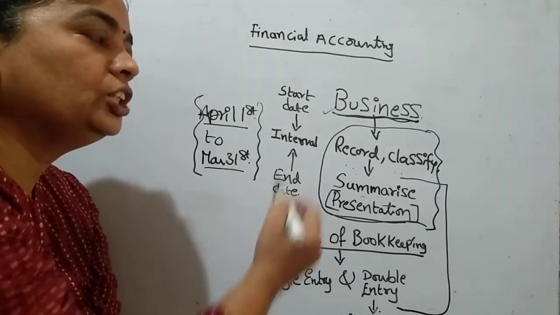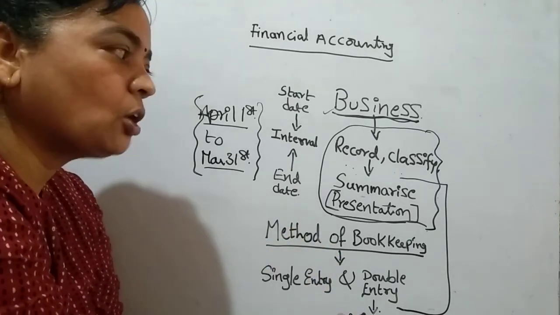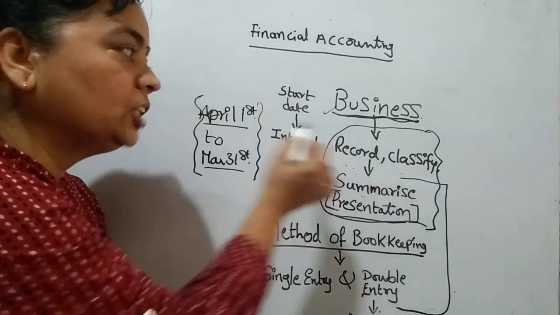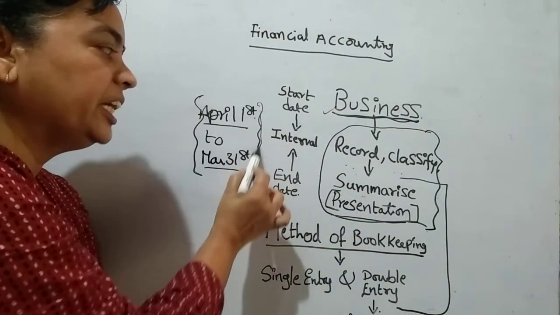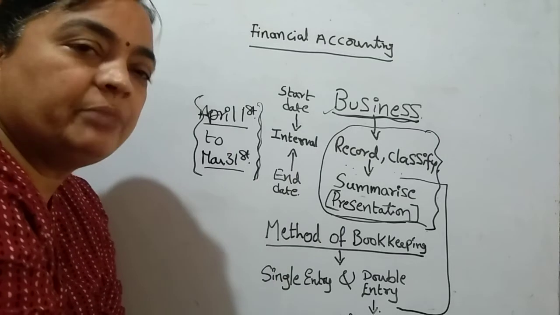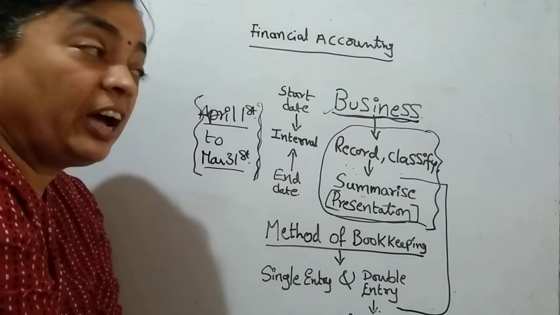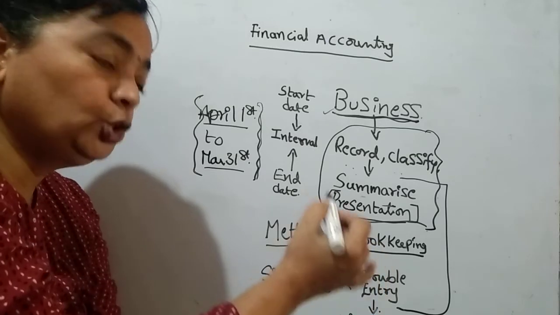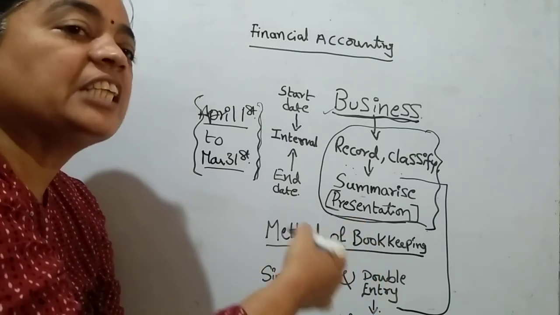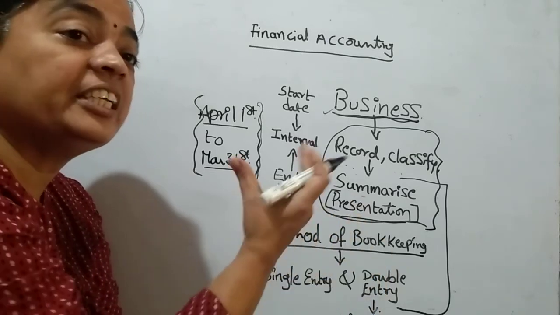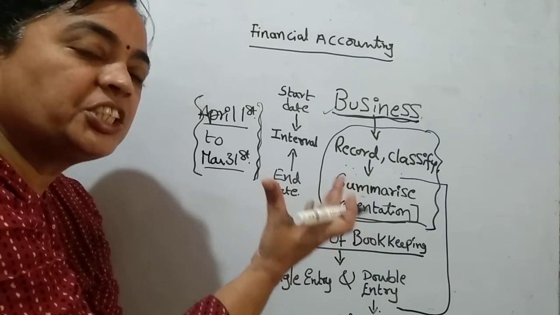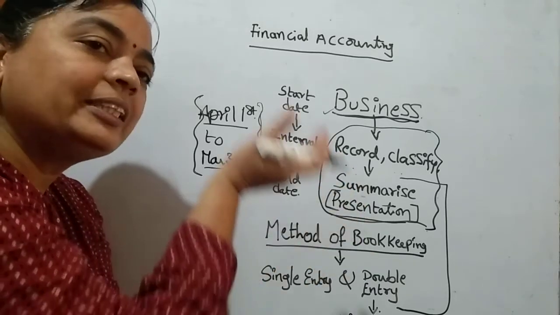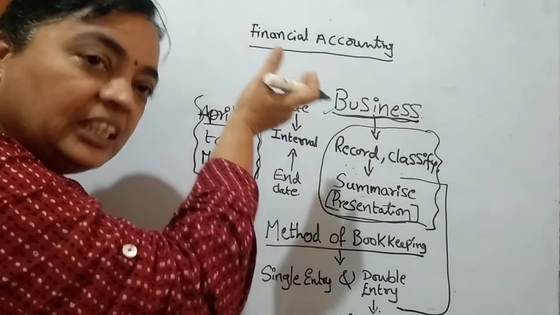So these two represent all the transactions made by the business throughout this period. So finally, what is our ultimate target, Amma? To prepare the financial statements, the final statement which represents all that we have done.